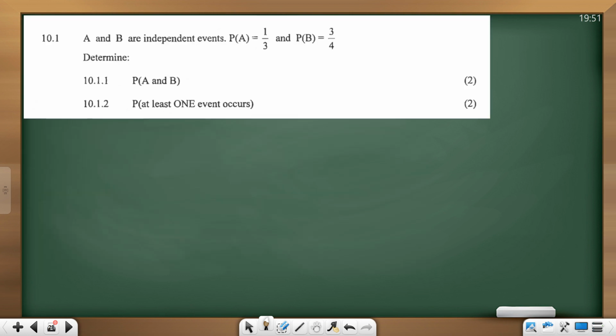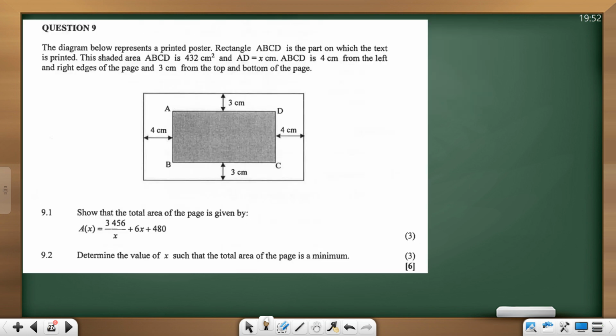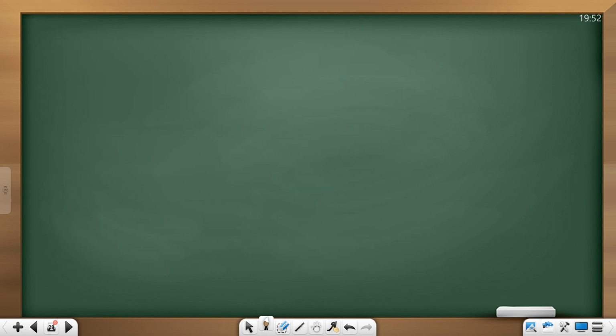Let's quickly look at probability. Look, guys, when it comes to probability, before we even start, let's do something.